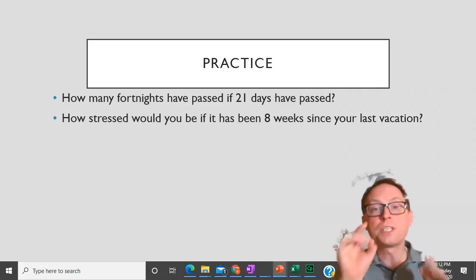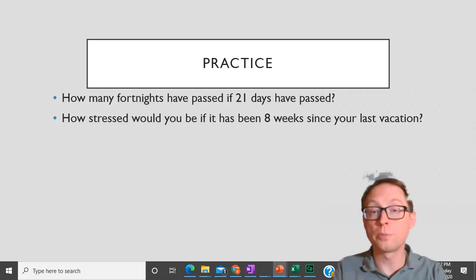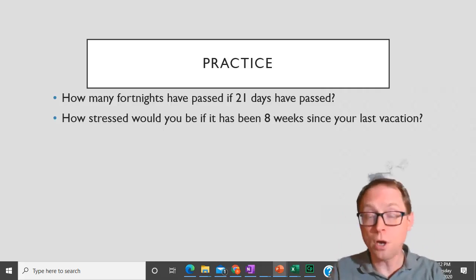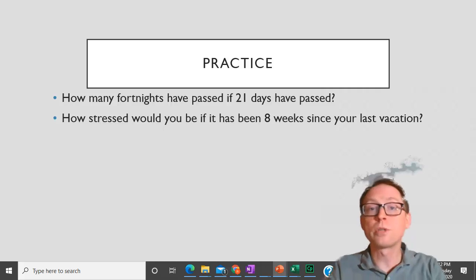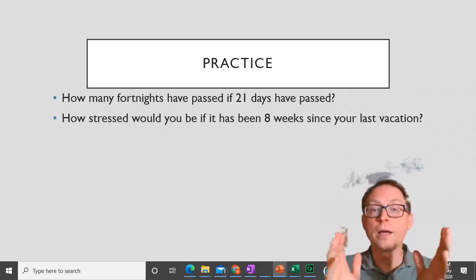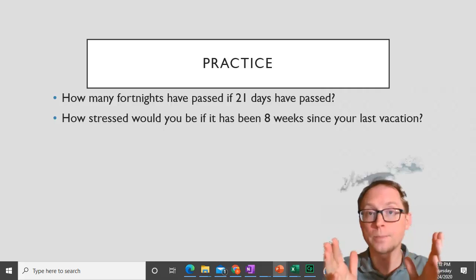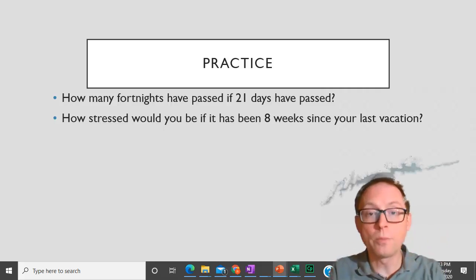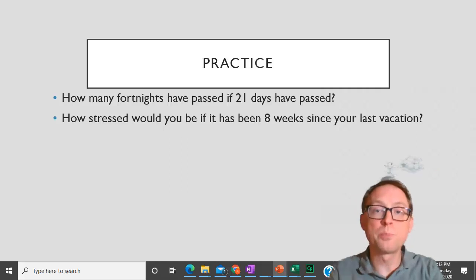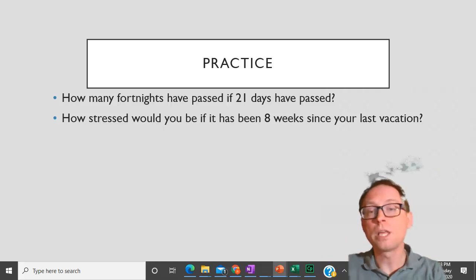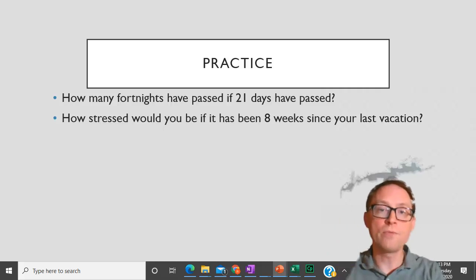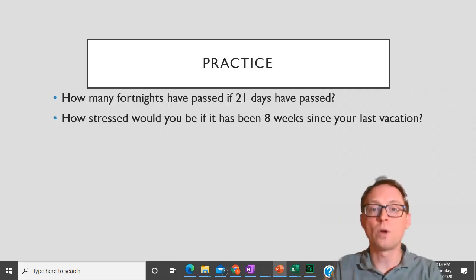Now, this is linear regression as opposed to Pearson's R, because in Pearson's R, we would just look at the relationship. What is the relationship between fortnights and days, right? That would be a Pearson's R. But that's not what we're talking about here. I'm looking for a very, very specific number. I want to know, in fortnights, how many fortnights do I get if 21 days has passed?